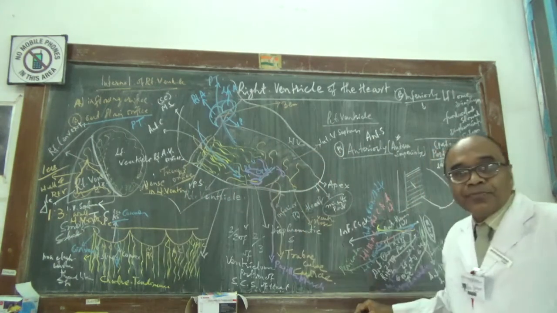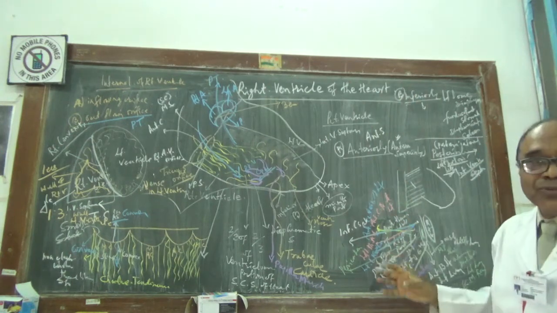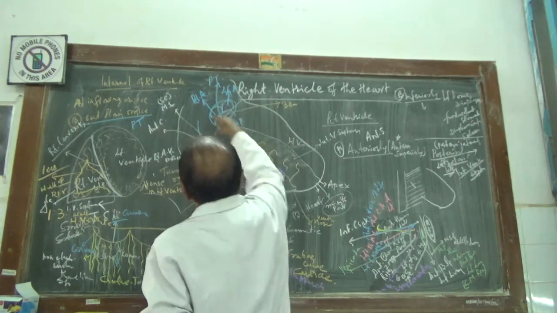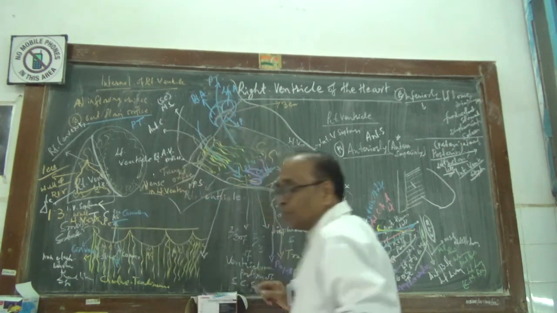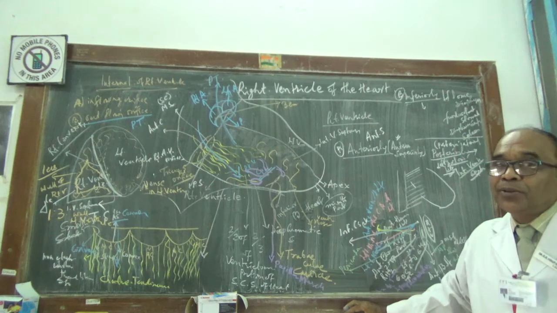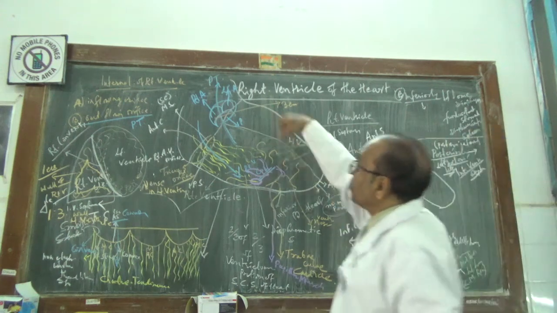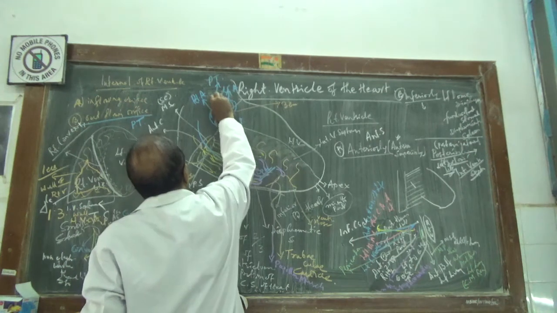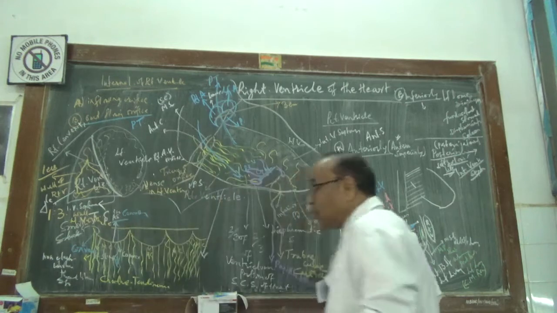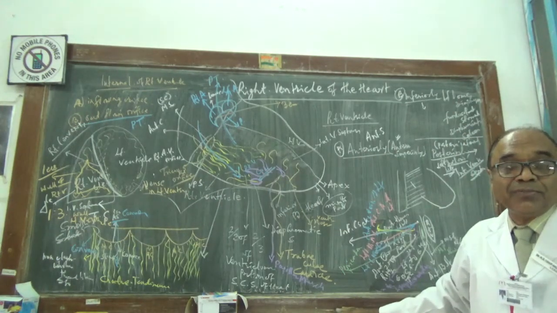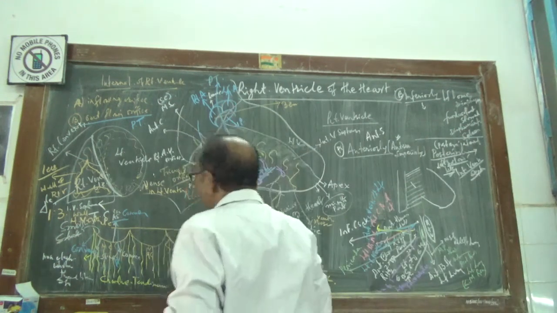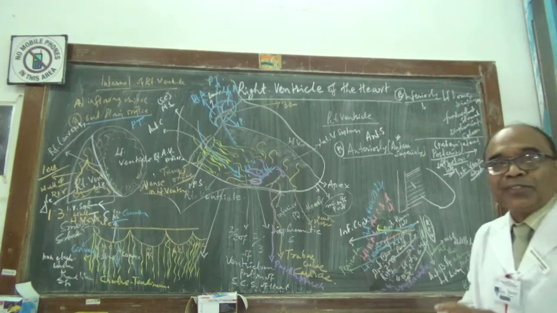When the blood goes out through this pulmonary trunk, the ventricular surface is concave and the pulmonary surface is convex, because the blood goes to the lung side. This is always depending upon the pressure gradient.